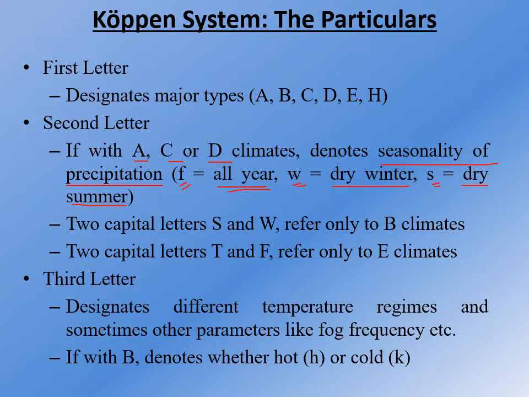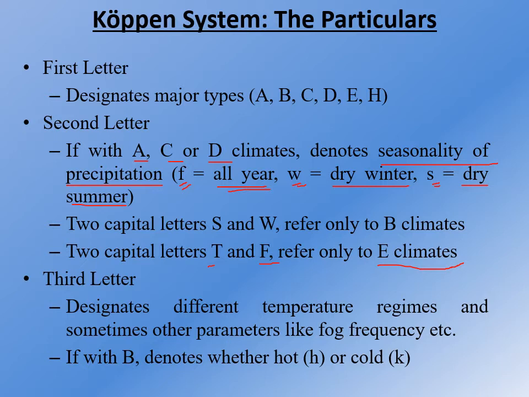In case of E-type climate, the two capital letters, that is T and F, are used. The third letter of the Köppen system designates different temperature regimes and sometimes other parameters like the fog frequency, etc.